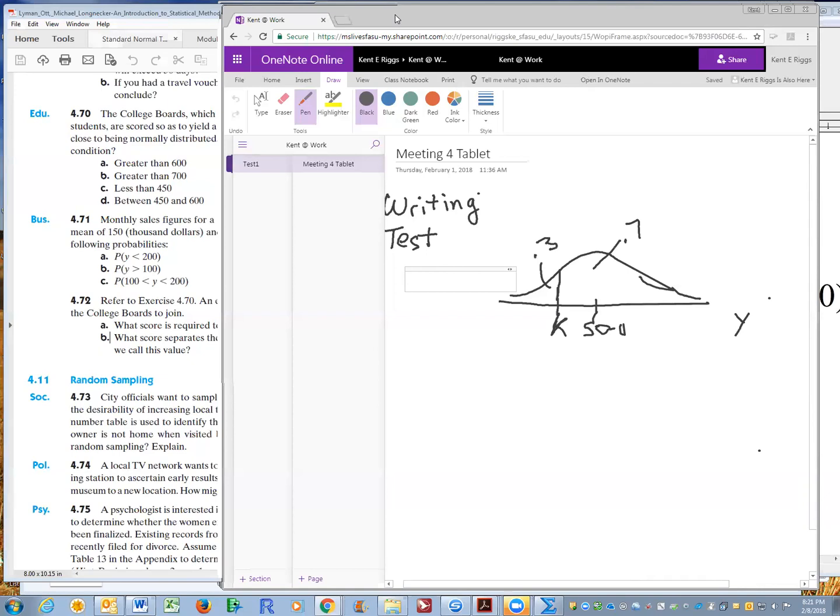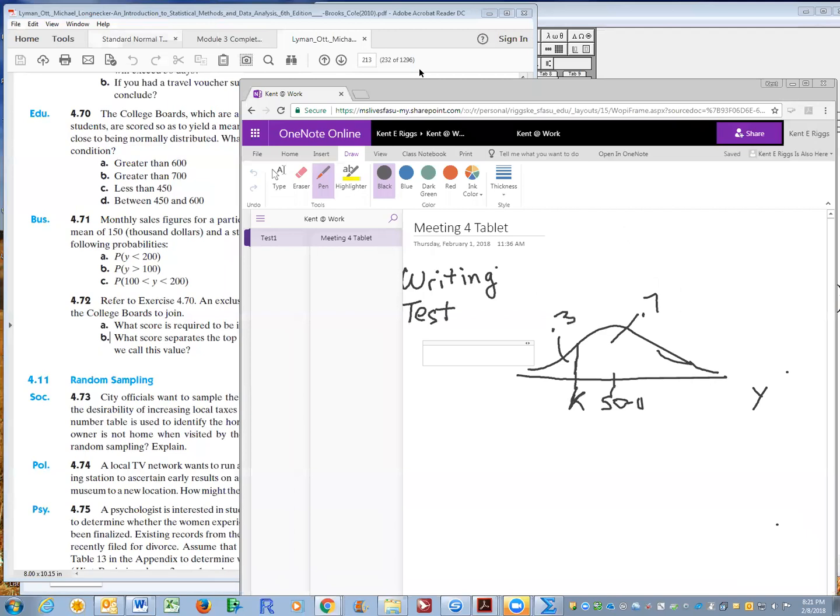Is that okay, Amber, that picture? What score separates this here? This is the top 70%. I'm shading the top 70%, and then the bottom 30% there.